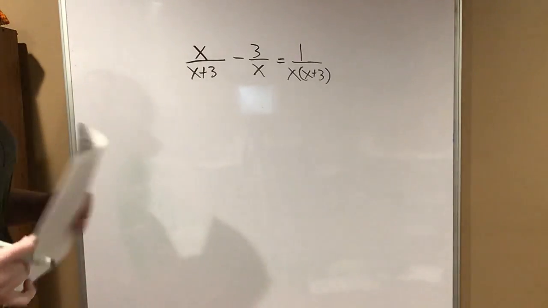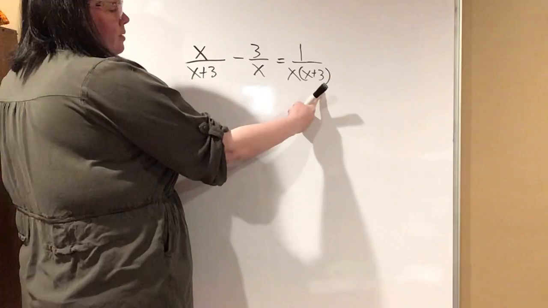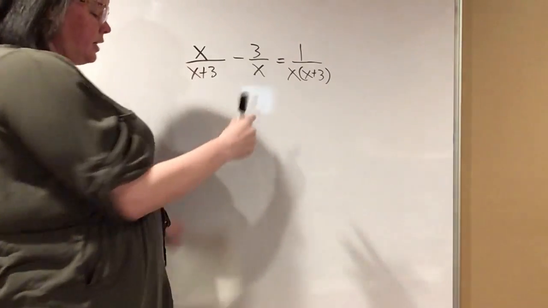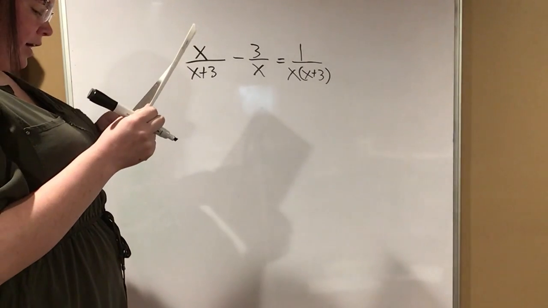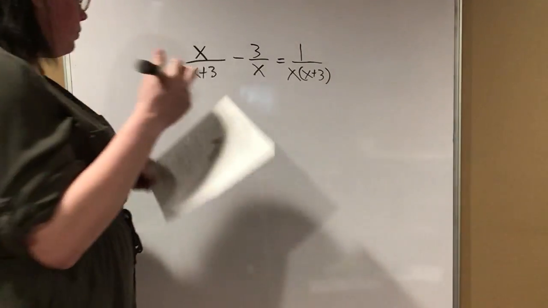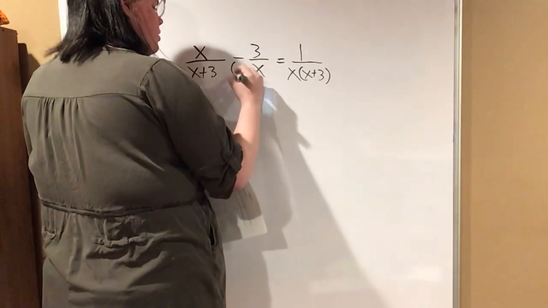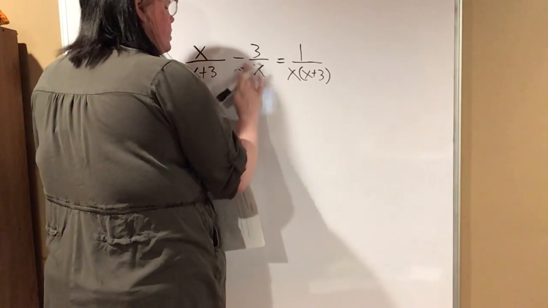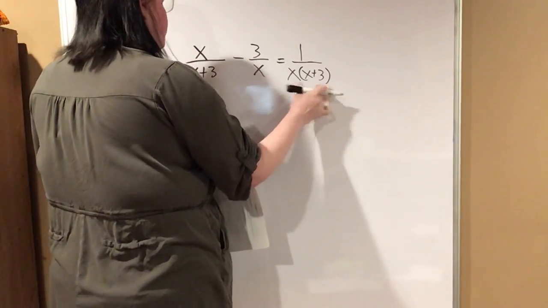Looking at this, this has an x and an x plus 3. This only has an x. So to get rid of that, because that's our goal, we have to multiply this equation by x plus 3.